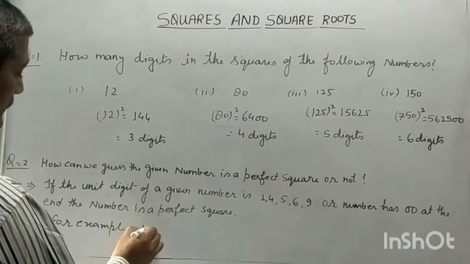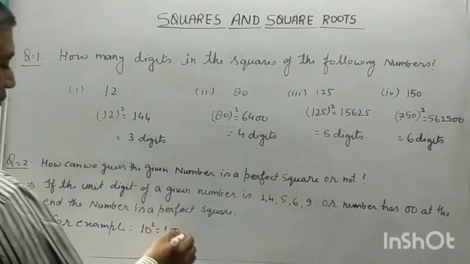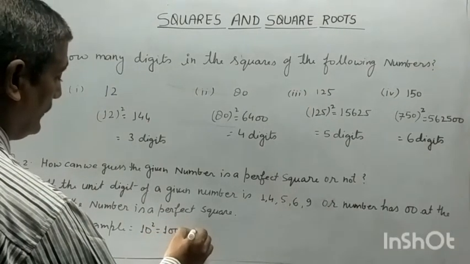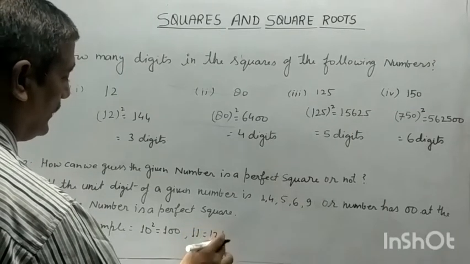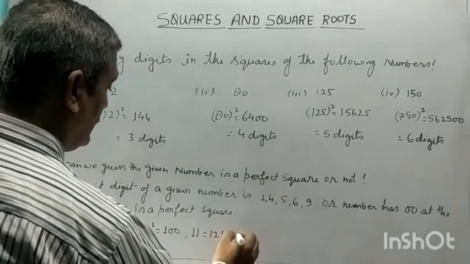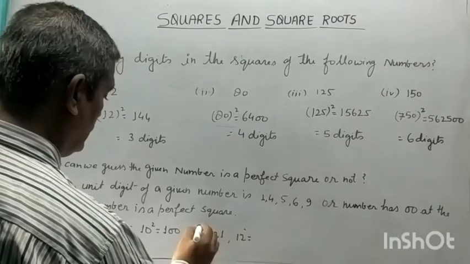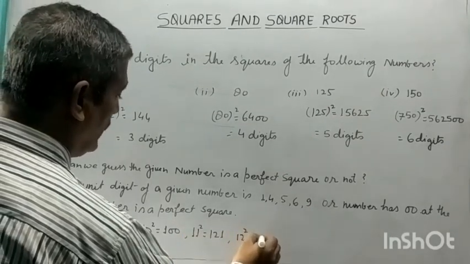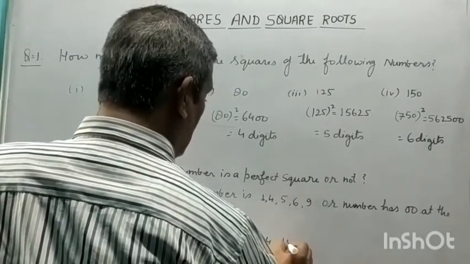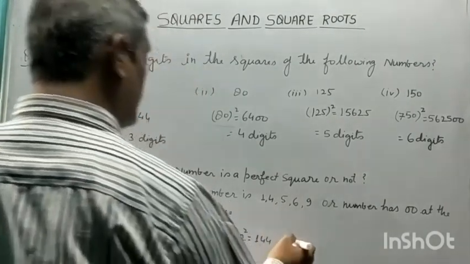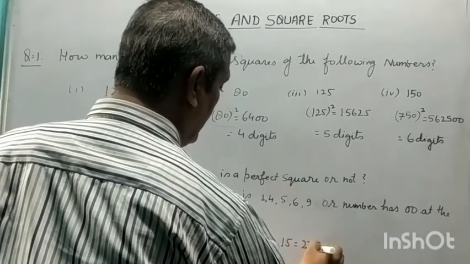the square of 10 equals 100, there is 00. The square of 11 equals 121, ending in 1. The square of 12 equals 144, ending in 4. The square of 15 equals 225, ending in 5.